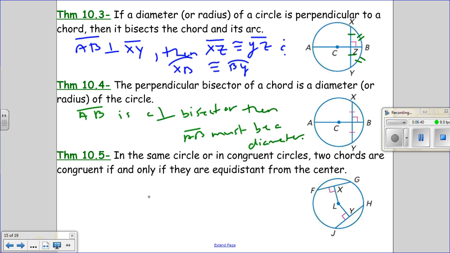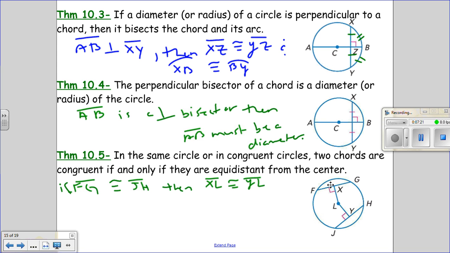And then theorem 10.5 says, in the same circle or congruent circles, two chords are congruent if and only if they're equidistant from the center. So what that means in our example here on the right is that chord FG is congruent to chord JH, or if chord FG is congruent to JH, then XL is congruent to LY or YL.